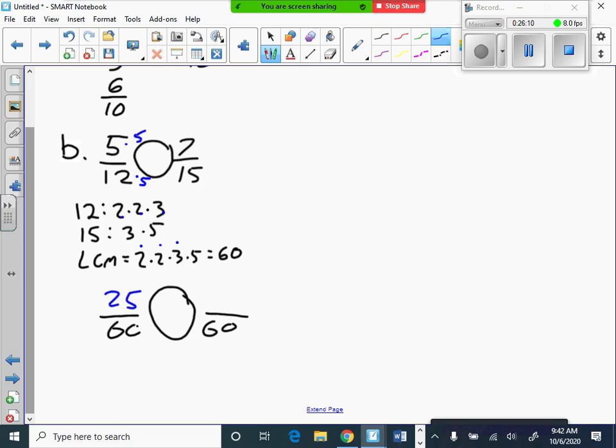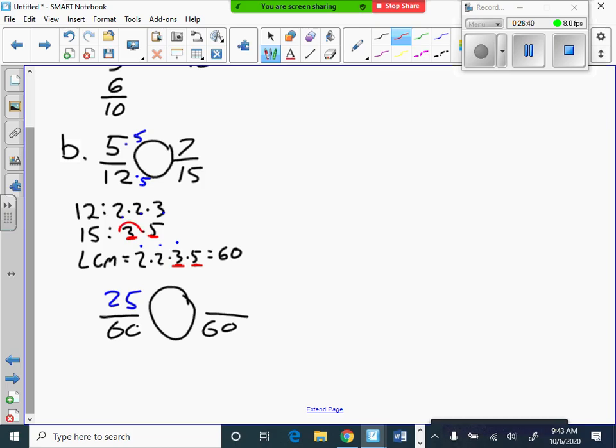As I look at 15, I'll use red. 15 has a 3 and a 5. What does 15 still need to get to 60? Taylor? 3 and 5, 3 and 5. What does it still need? 2 twos.